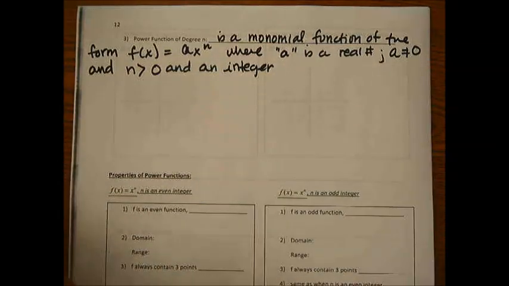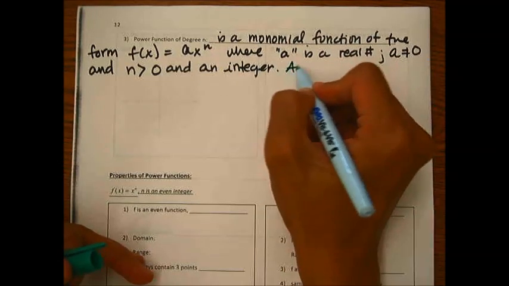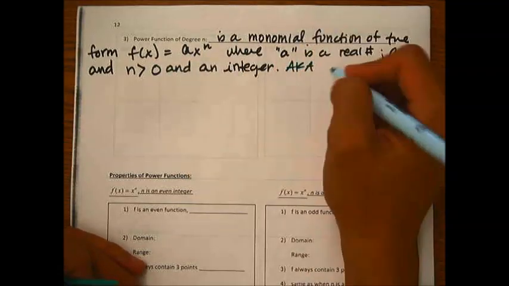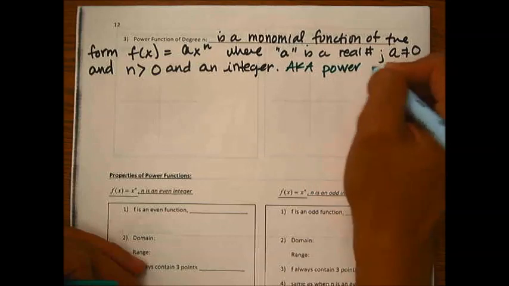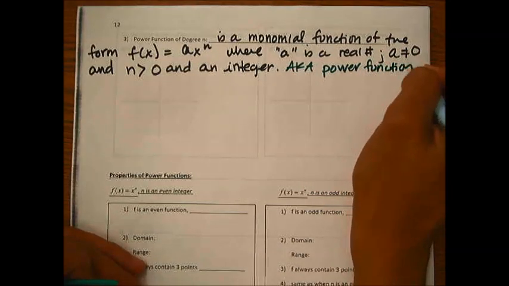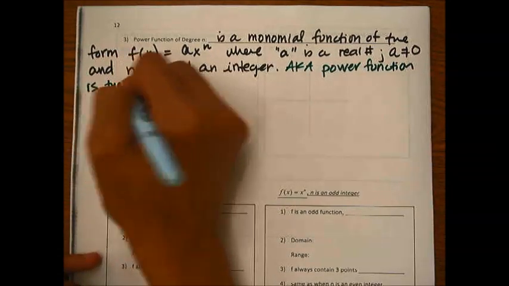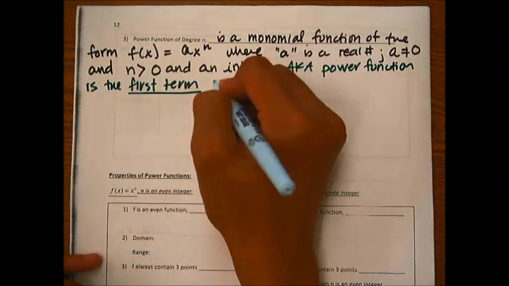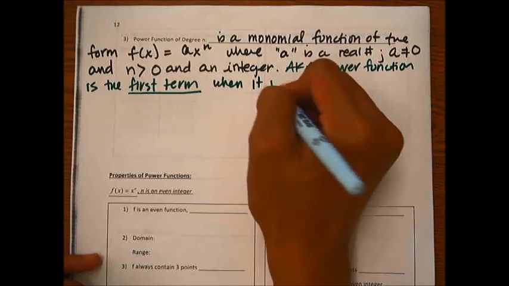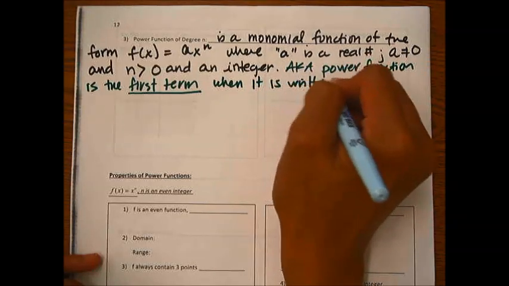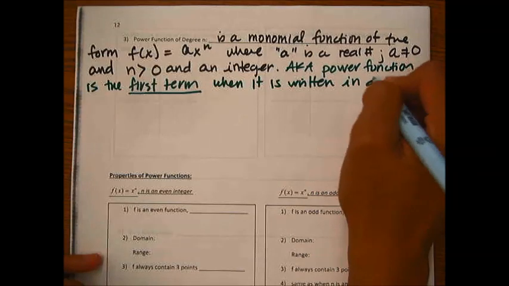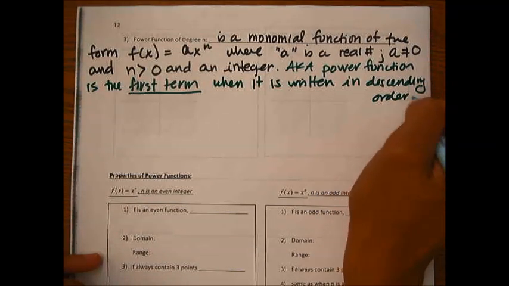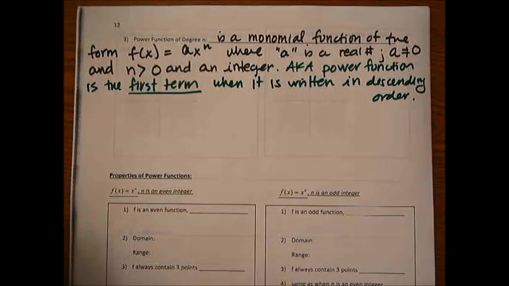Aka, the power function is the first term, the entire term, when it is written in descending order. That means from highest power to lowest power.